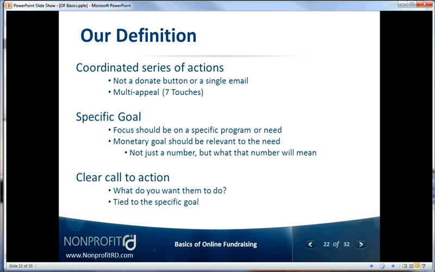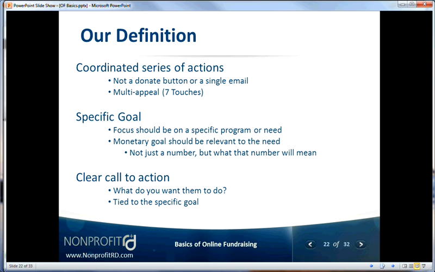The next is a clear call to action. What exactly do you want them to do? When I work on emails that people are sending out for their fundraising campaigns, they'll sometimes just talk about the program and they'll say, you know, thanks for your help. And they don't really give that clear call to action. You really want to give them exactly what you want them to do. You know, click here to donate today, or please support us now. I mean, give them something exactly that what you want them to do.